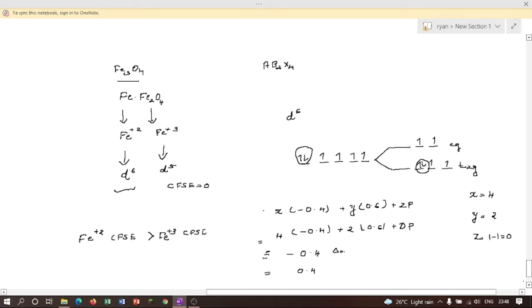The crystal field stabilization energy of Fe plus 2 is greater than Fe plus 3. Therefore, this is an example of the inverse spinel.